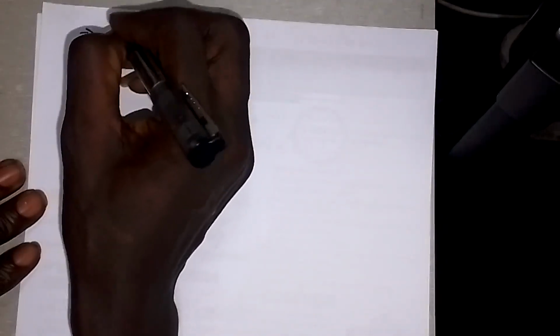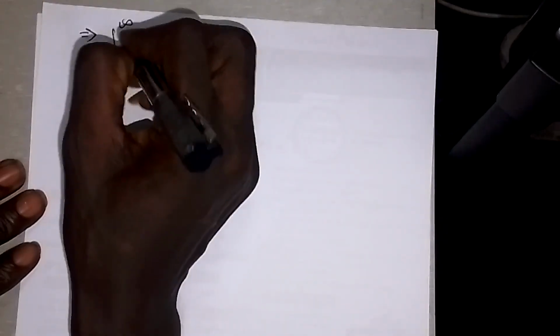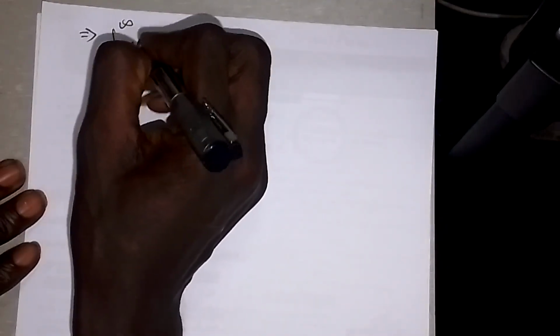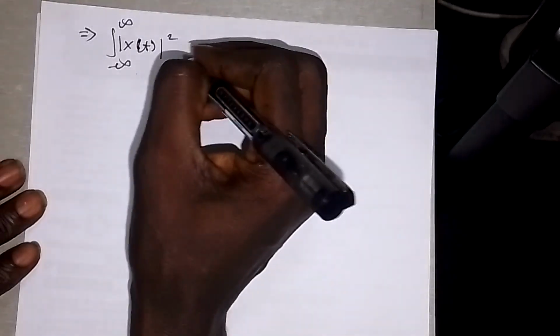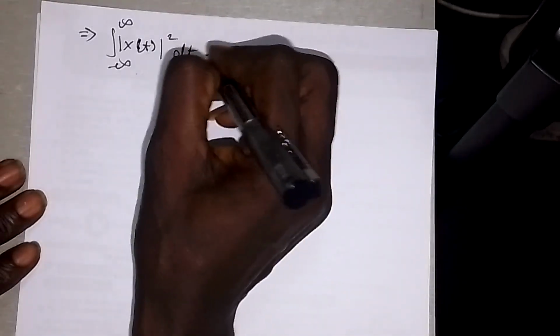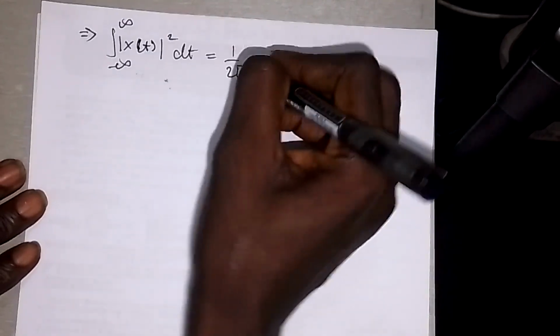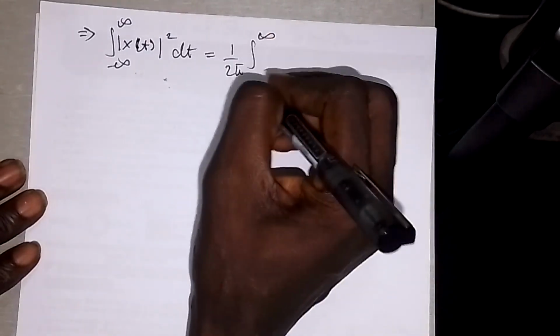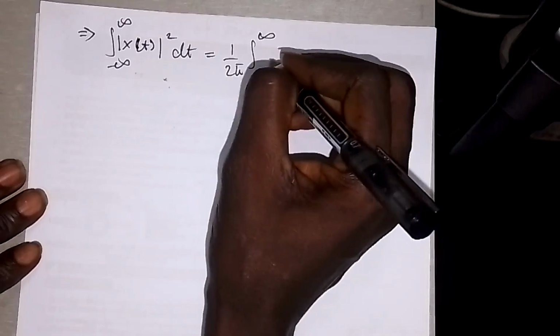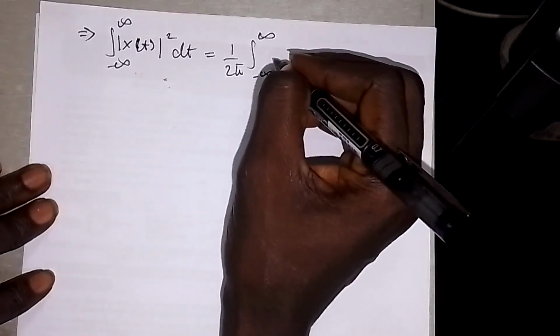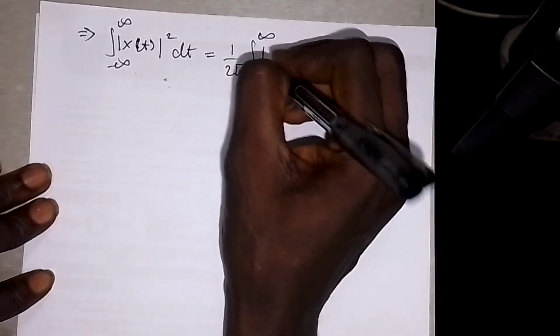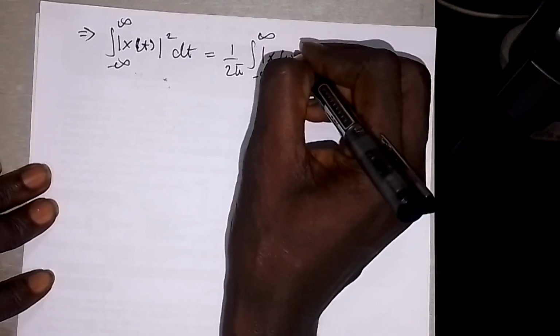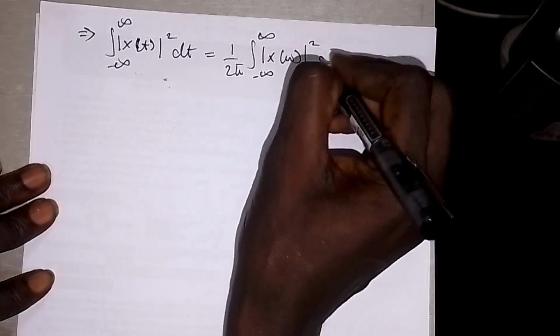I had the integral from minus infinity to infinity of x of t squared dt is equal to 1 over 2 pi into the integral from minus infinity to infinity of x of omega squared d omega.